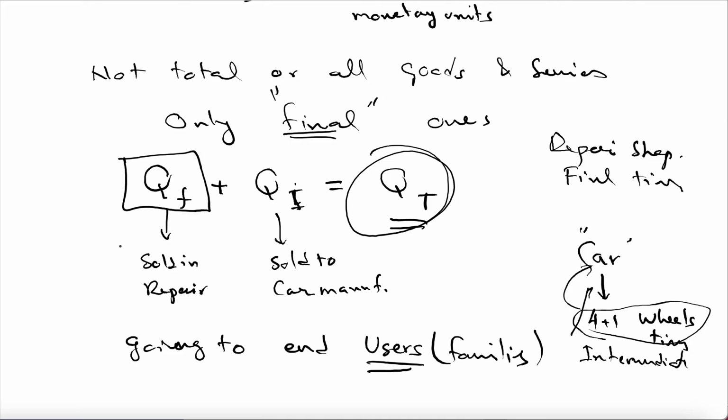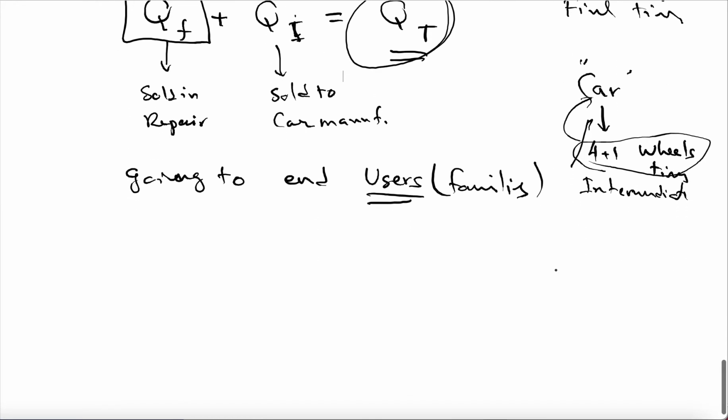The reason is the following. Take cars: we have quantity of final cars, quantity of intermediate cars, and quantity of cars total.